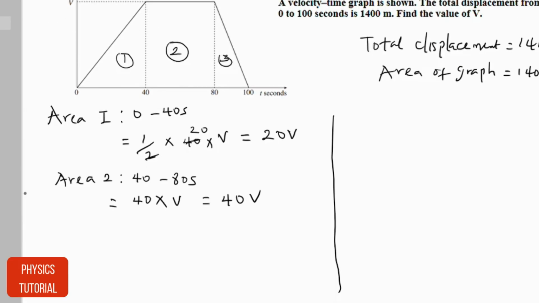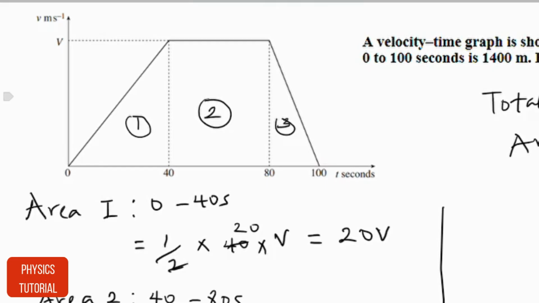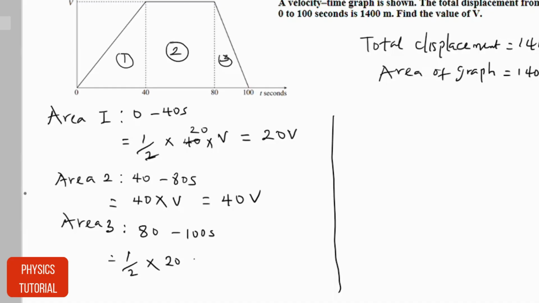Our next shape, let's call it area 3, is from 80 seconds to 100 seconds. And it is a triangle, so it's half times the base, which is 80 to 100. 100 minus 80 will give us 20, times the height of the triangle, which is V. So 2 into 20 is 10.